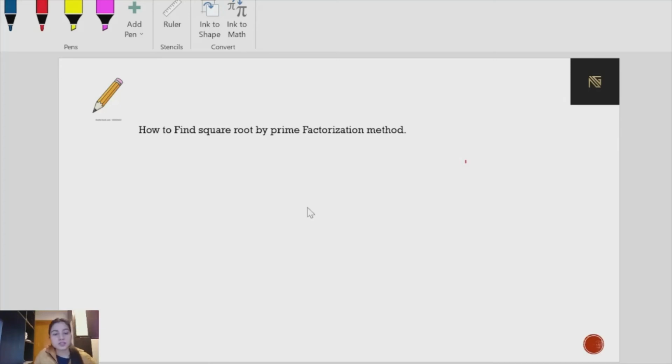Now here we will discuss how to find square root by prime factorization method. So suppose I am taking one example, that is, we need to find square root of 6400. Alright, prime factorization.